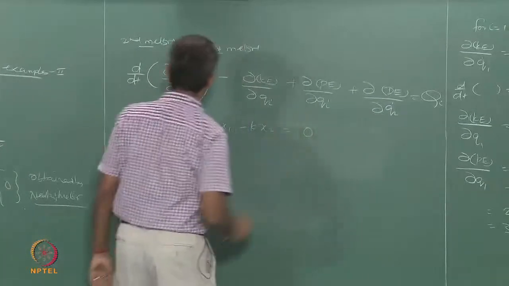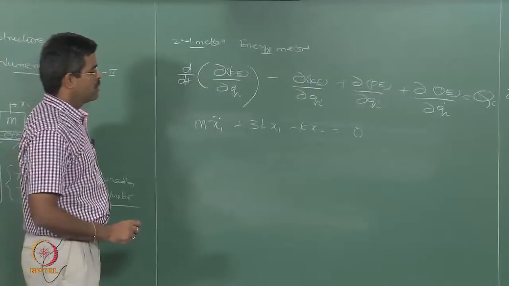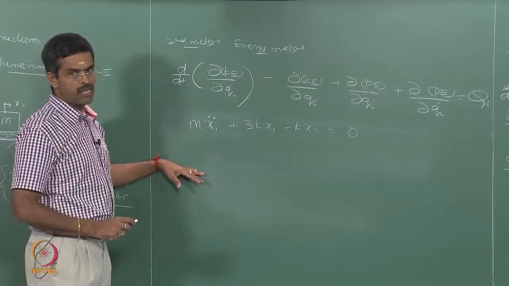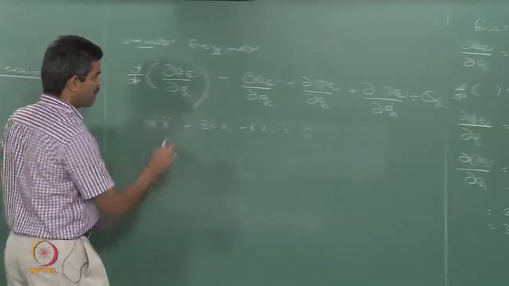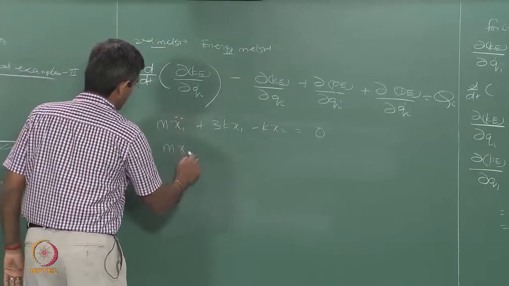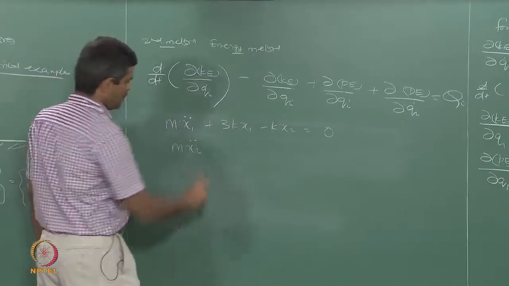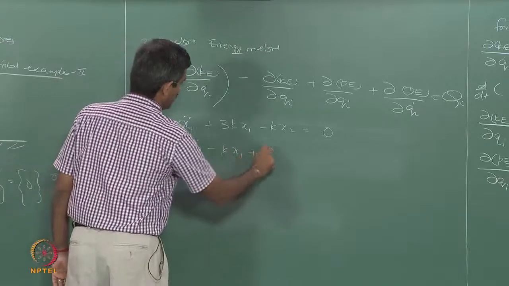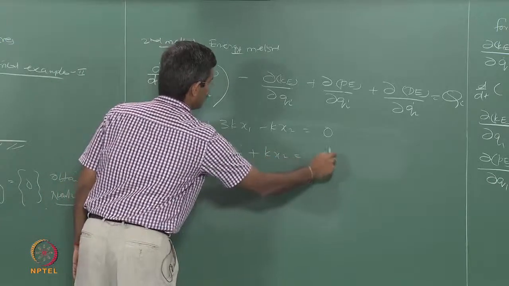Okay, there is no force applied. So, 0. Now, I write the second equation where I is equal to 2. So, look at there, m x2 double dot minus k x1 plus k x2 equal to 0.